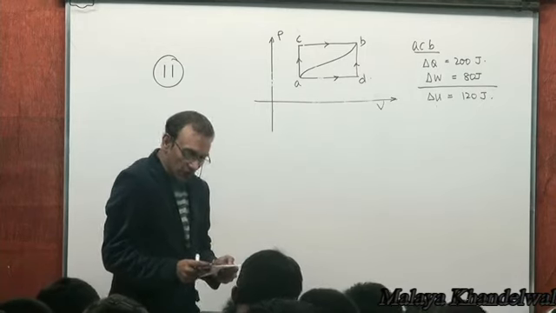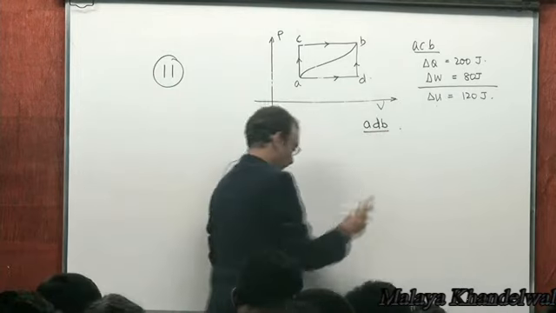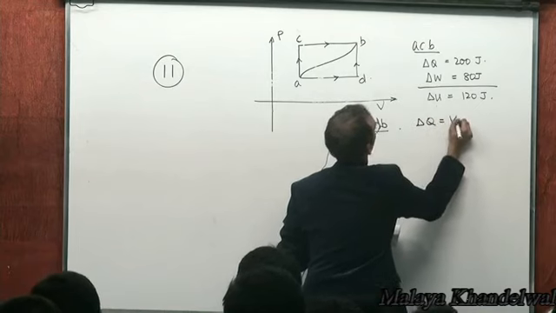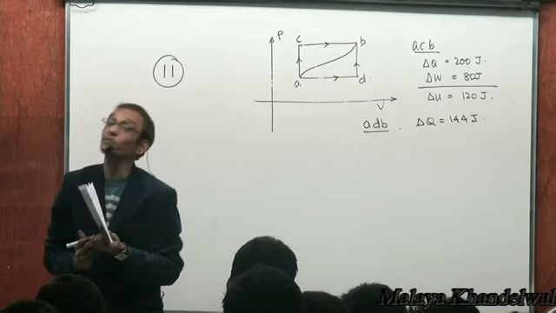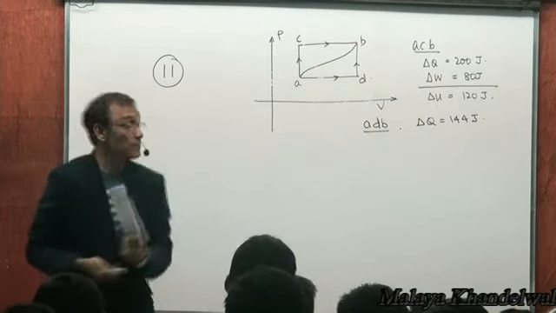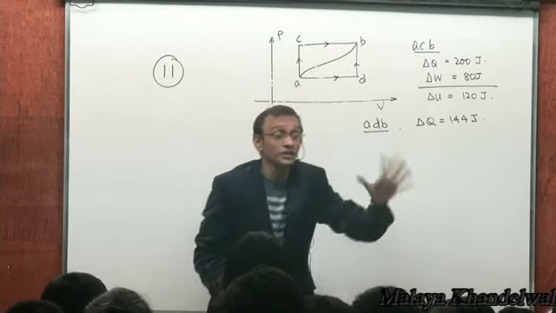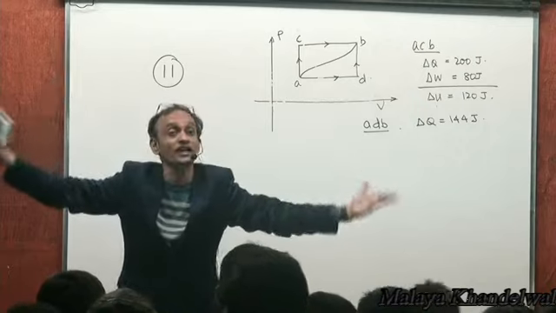Now, along the path ADB, heat supplied is 144 joules. What must be the change in internal energy? Same. If we are talking of the same initial point and the same final point, then change in internal energy does not depend on how you have gone to the destination.